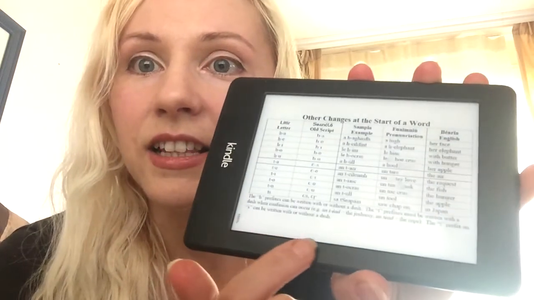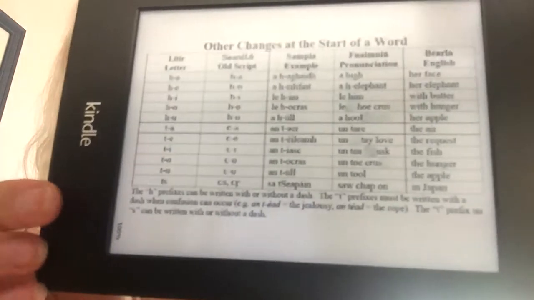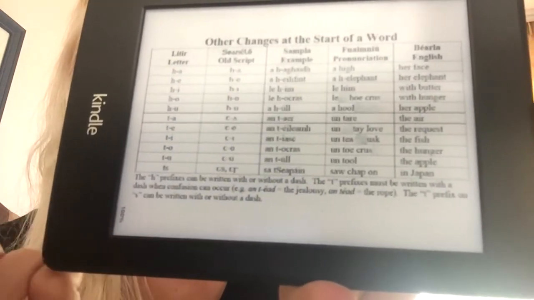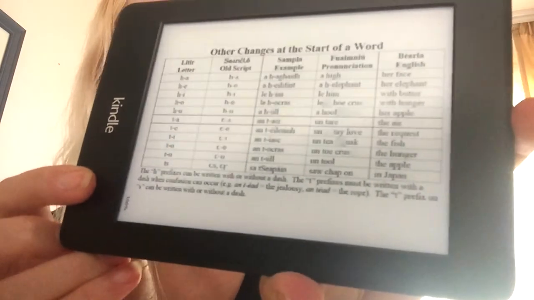Let's read this little note at the bottom here. The H prefixes can be written with or without a dash. The T prefixes must be written with a dash when confusion can occur. So, like the other ones, r-nih-heh, our father, our snake.